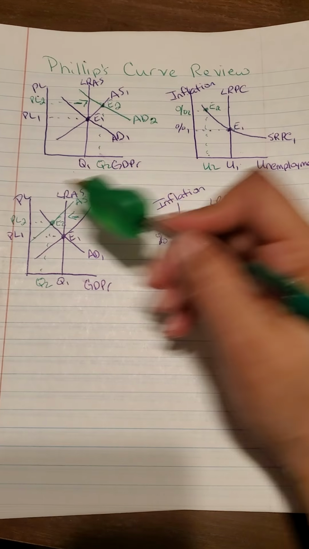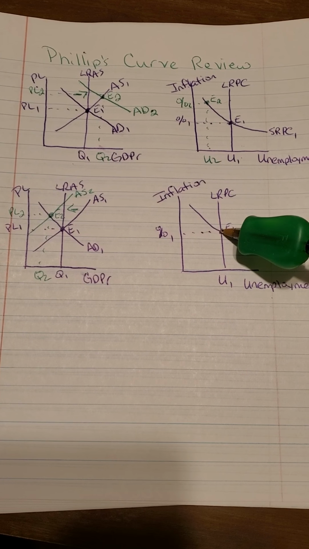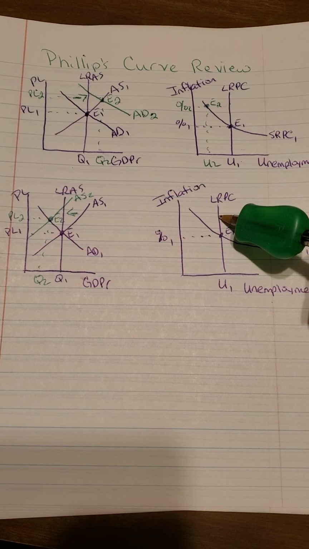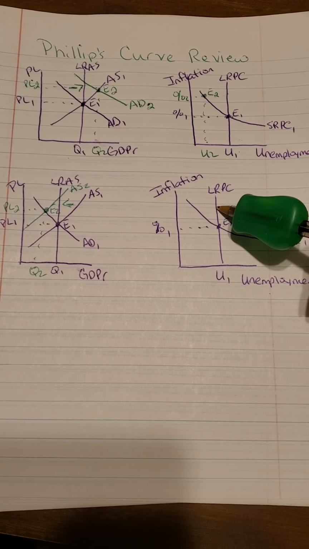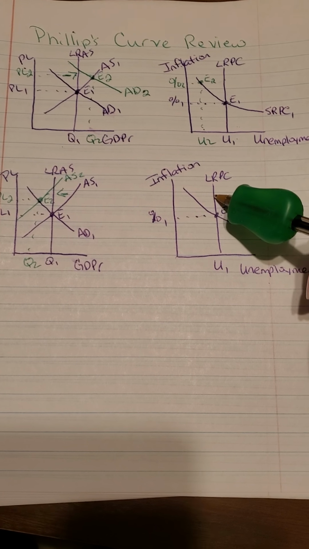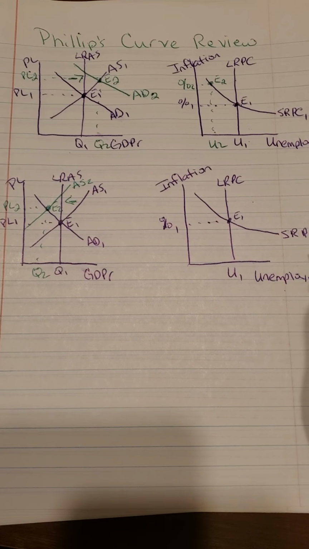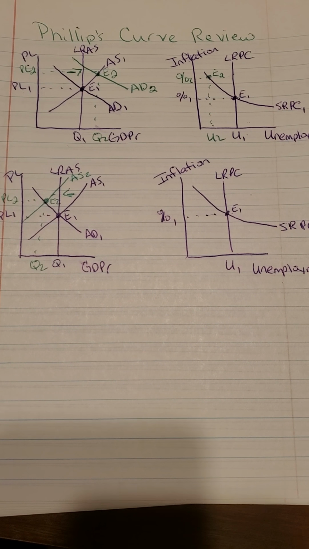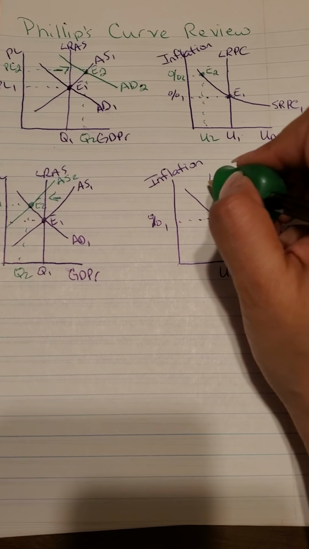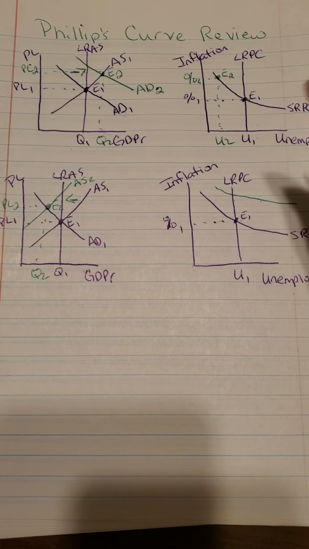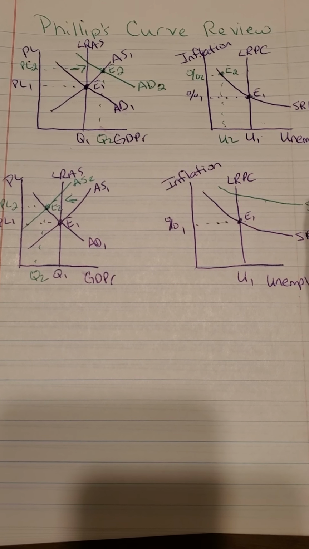So we move over here to our Phillips curve, okay? Again, we said price level increase, so we put our pen right there. Price level has increased. We're in a recessionary gap, so we know that our unemployment rate has also increased. So we move somewhere over here. Again, you can't have a little equilibrium just floating out there in the middle of nowhere, so you have to draw a new curve, a new short-run Phillips curve.